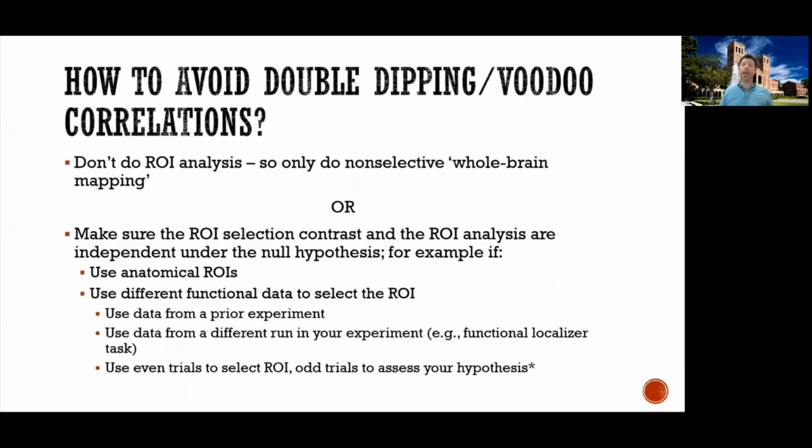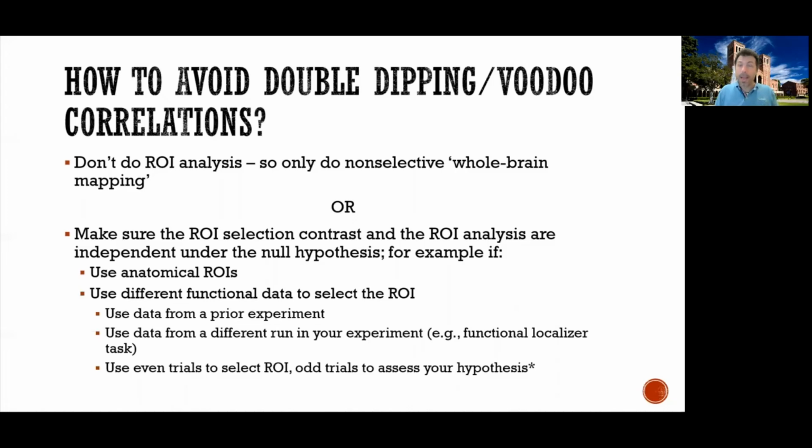So people often do what are known as functional localizer tasks. Let's say that my experiment were about how the part of the brain that responds to faces is engaged in, I don't know, some other aspect of cognition, like expertise. What I could do is make the first run of my experiment a functional localizer run.